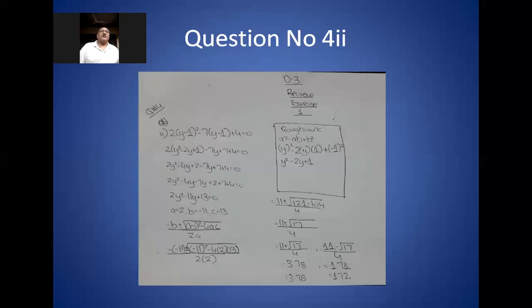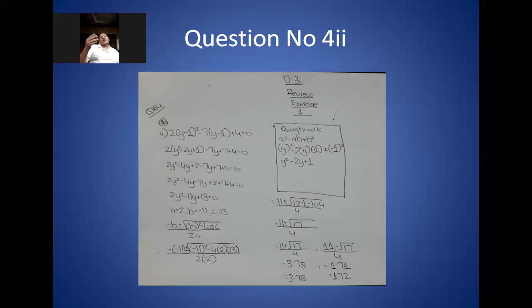Then we have question number 4 and its second part. It says, hence find the values of y that satisfy the equation 2(y minus 1) whole squared minus 7(y minus 1) plus 4 equals 0.